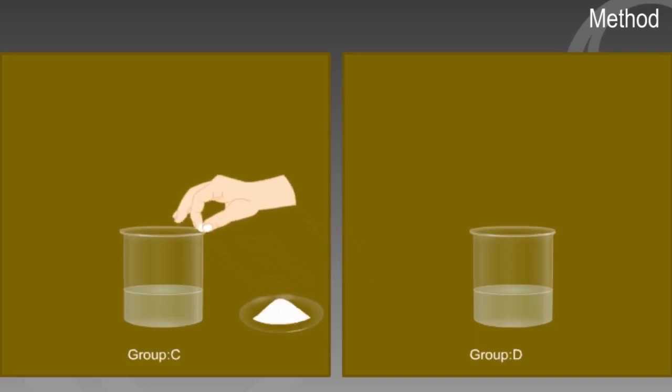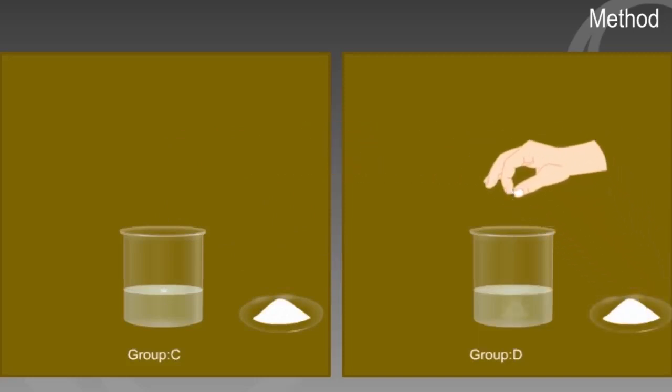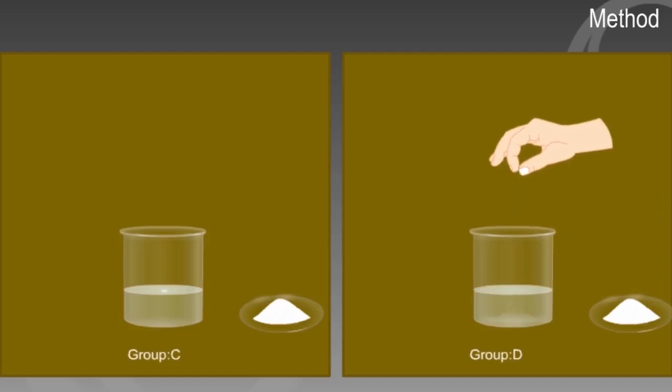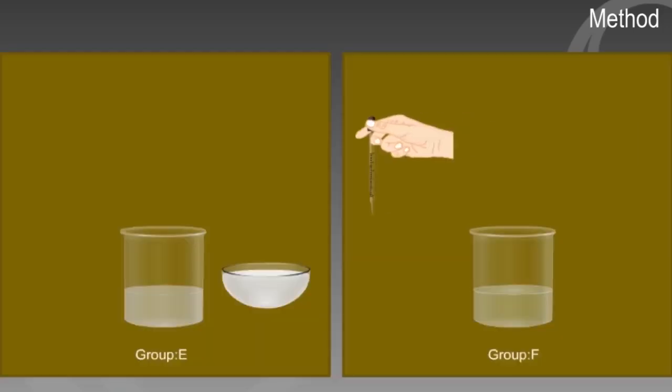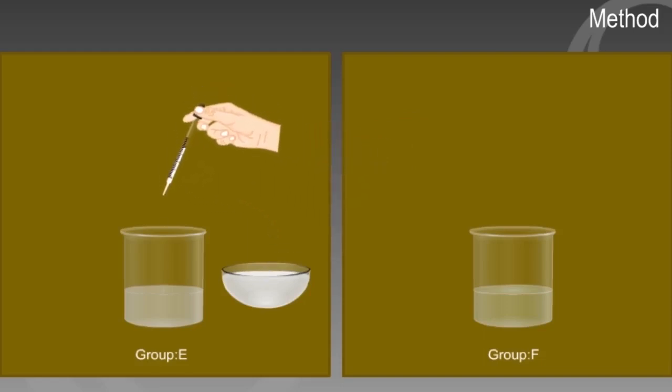Provide 2 gram of wheat flour and 2 gram of powdered chalk to groups C and D respectively. Whereas, provide a few drops of milk and blue-black ink to groups E and F respectively.